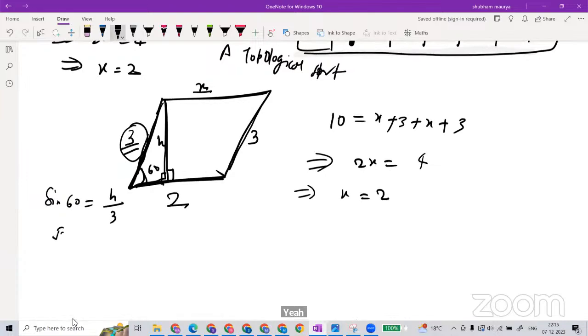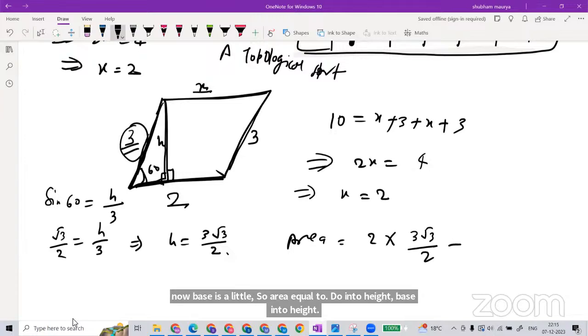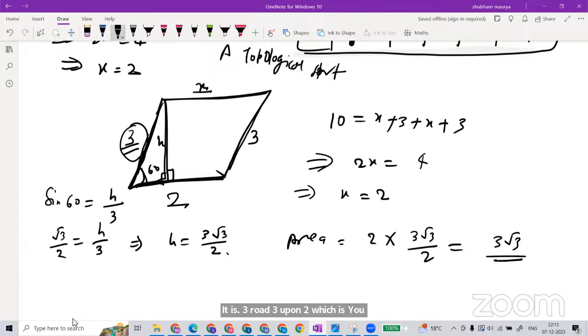And sin 60 is root 3 by 2. And now h we can get 3 upon root 3 by 2. Similarly, base we already got. So area equal to base into height. Height is 3 root 3 upon 2, which is 3 root 3.